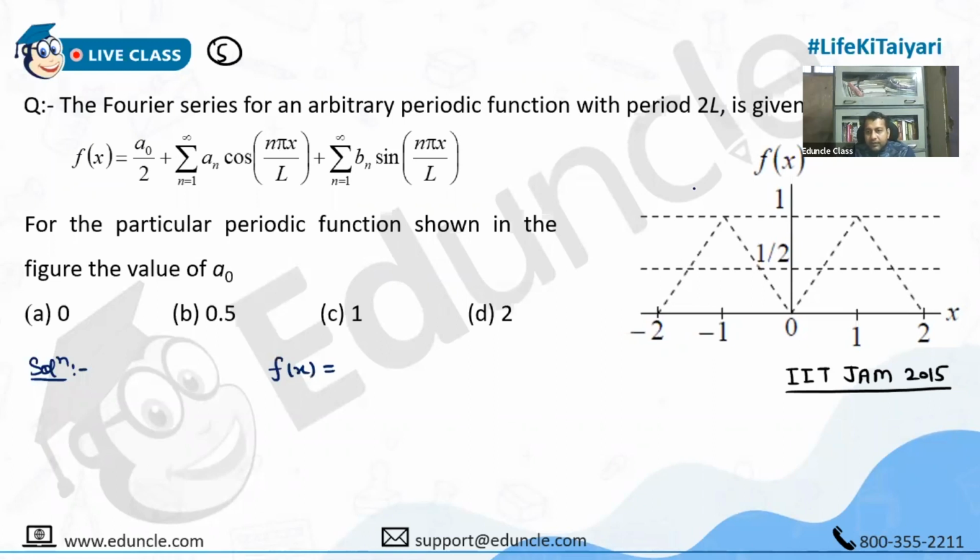See, again, I can take the limits from -1 to 1, because they will be symmetric, and from 0 to 1, fx is equal to x, when x lies between 0 and 1, and it is clearly minus x when x lies between -1 to 0. Please check.